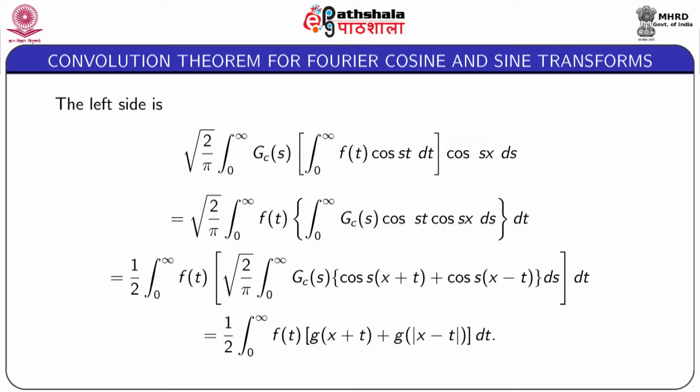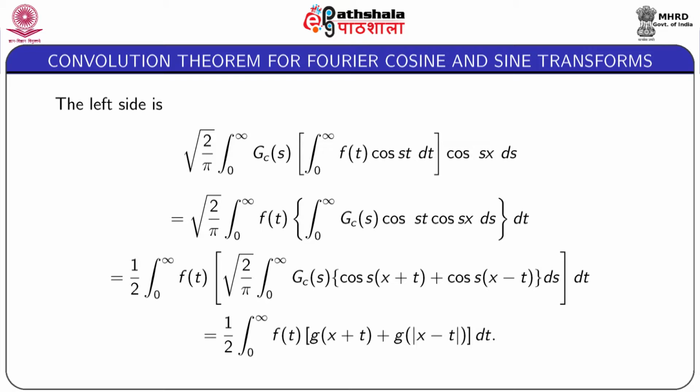Here we have changed the order of integration so that the s integral becomes the inner integral and the t integral becomes the outer integral. Now, we use the formula for cos st into cos sx and we write this step as half of integral 0 to infinity small f(t) into root over 2 by pi integral 0 to infinity capital Gcs into [cos s(x plus t) plus cos s(x minus t)] ds dt.